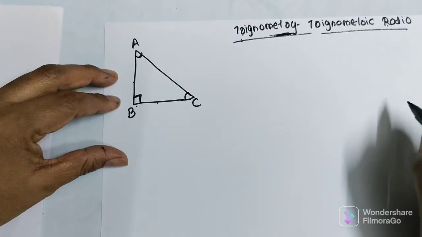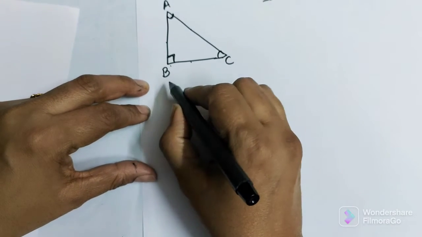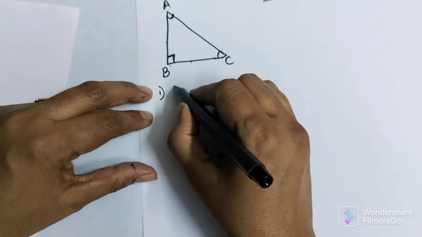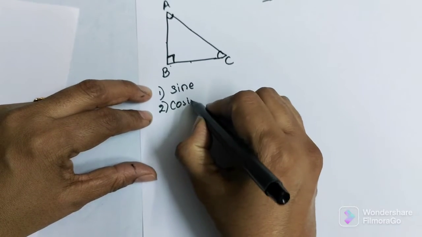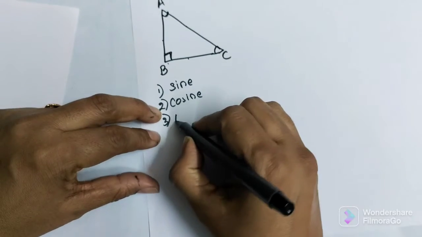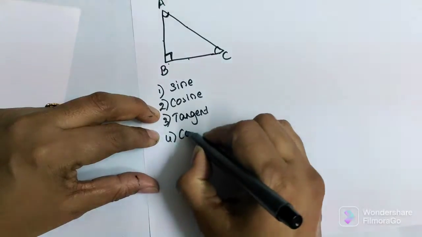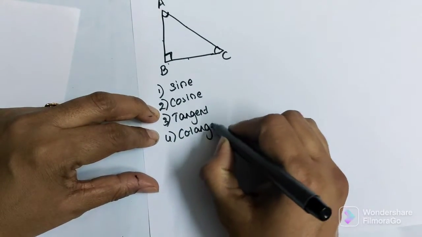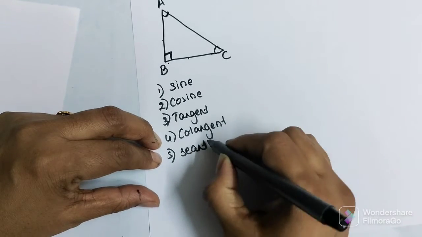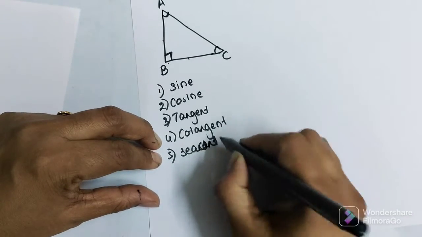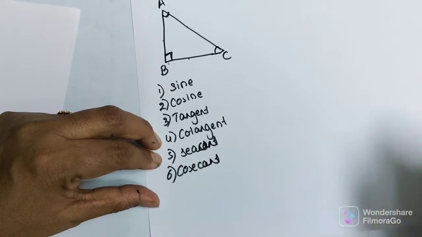First of all, we should know how many trigonometric functions there are. Basically there are 6 trigonometric functions. The first is called the sine function, second is the cosine function, third is the tangent function, fourth is the cotangent, fifth is the secant, and the sixth, the last one, is the cosecant function.